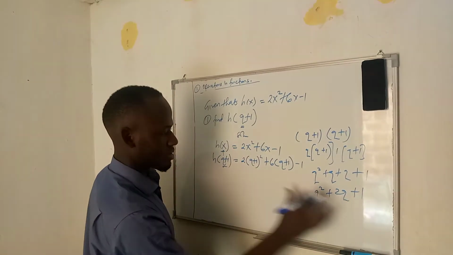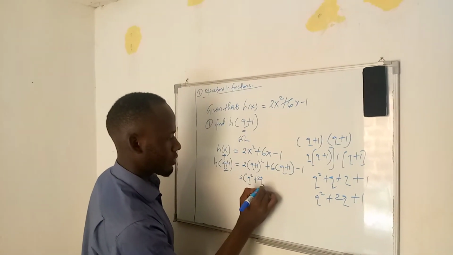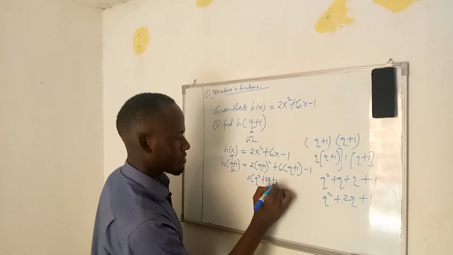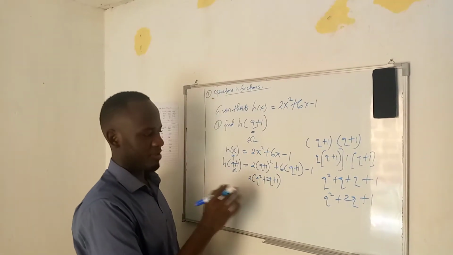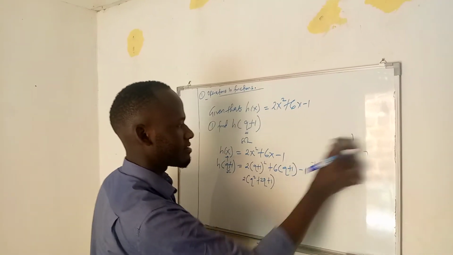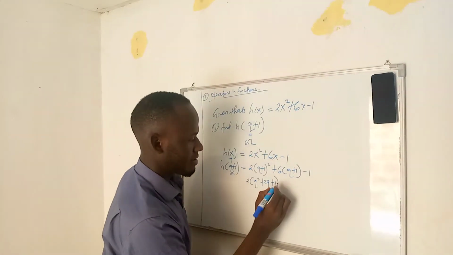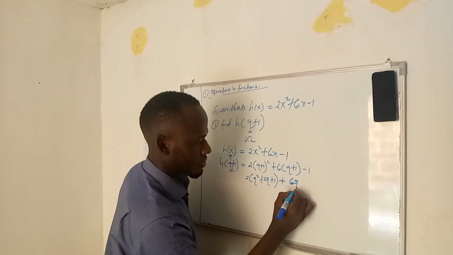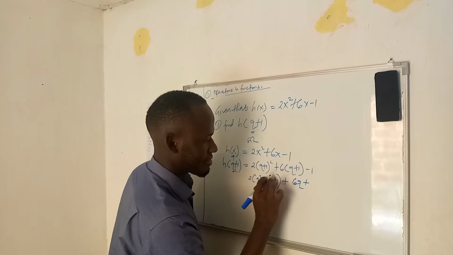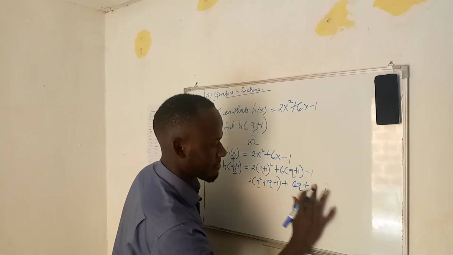So we shall bring that here: 2 into q squared plus 2q plus 1. That is our expansion. Plus 6q plus 6, then minus 1. This becomes 5, right?